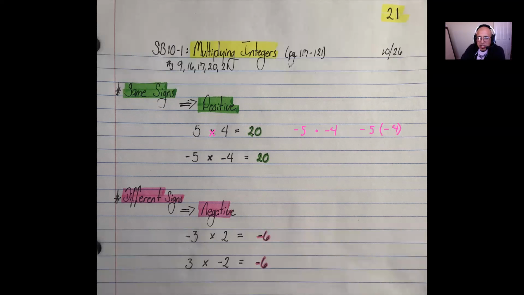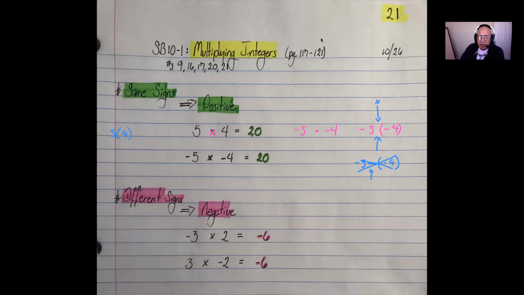Anytime you have two numbers and they are only separated by parentheses, with no other operation in there, that is always going to be multiplication. Please don't confuse this with negative 5 minus negative 4, because there I do have an operation. I have a minus symbol. That would be subtraction, right? That is not what we have here. Here we just have two numbers separated by parentheses, so that will always mean multiplication.